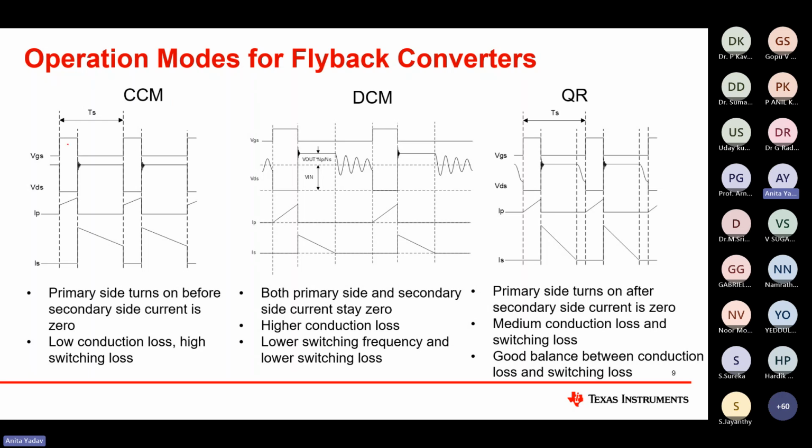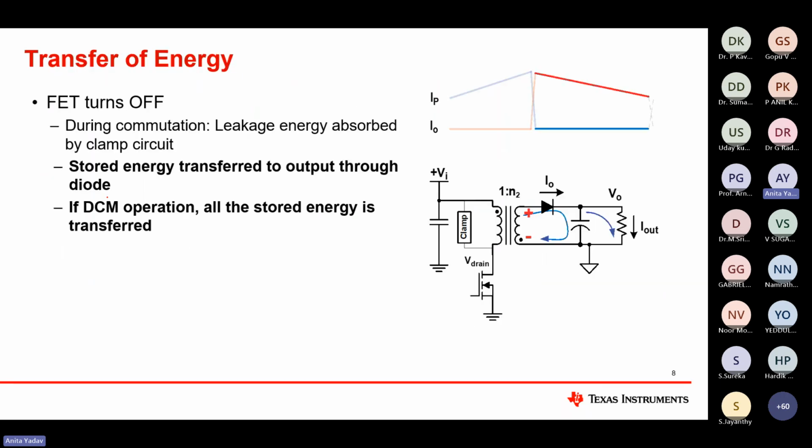Looking at the waveform, VGS represents the PWM control signal, VDS represents the voltage across the switch node, this V drain from this node to the ground, and the current waveform shows how much current is flowing through this and this.